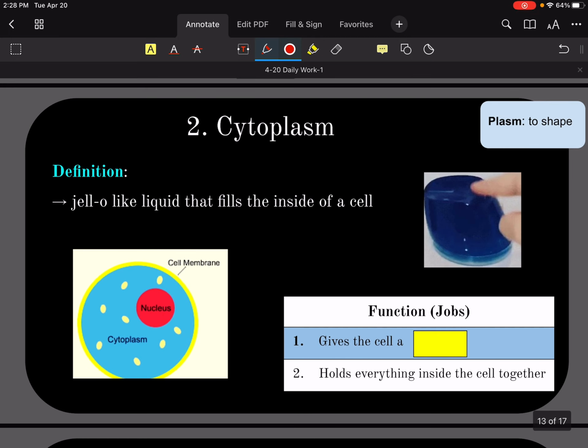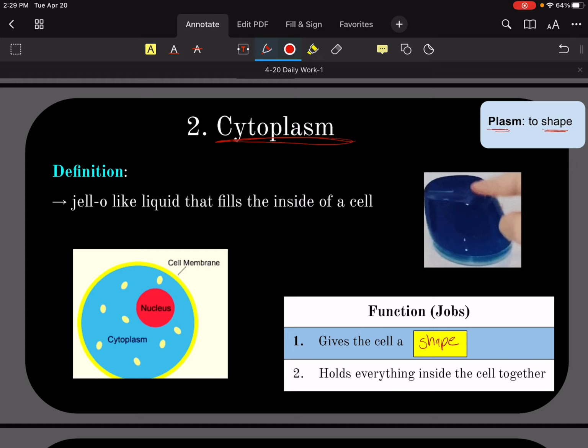Now, our second organelle is the cytoplasm. Plasm means to shape, which is actually the function of cytoplasm: cytoplasm gives the cell a shape. Now, we define cytoplasm as a jello-like liquid that fills the inside of the cell.